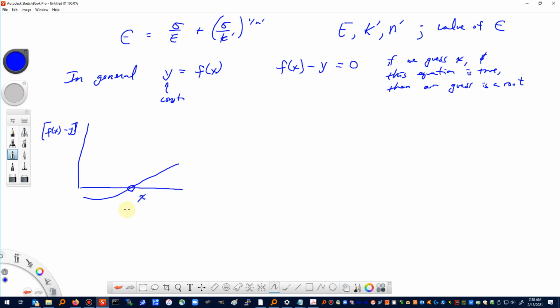Now this isn't the only case that could happen. There could be a situation where we have maybe something like this, and this never gets down to 0. That is a possibility. There could be a possibility where we have multiple roots. I'm talking about in general terms.